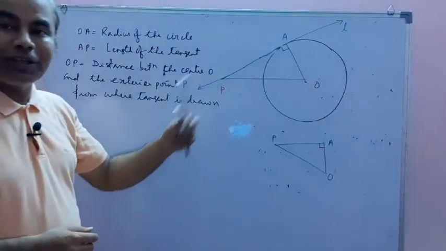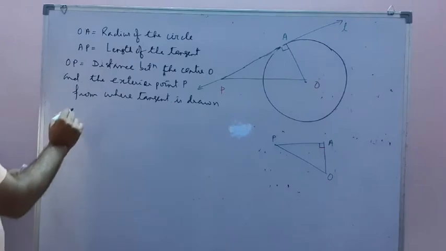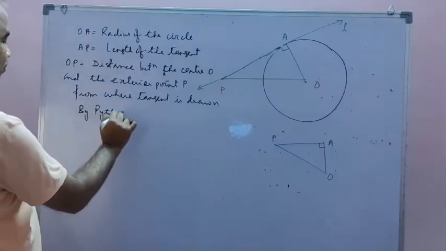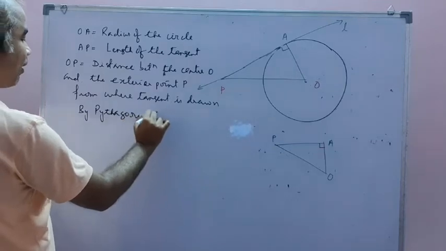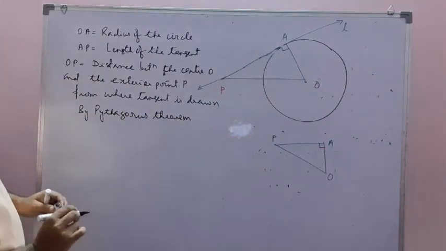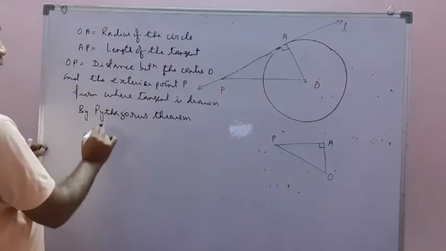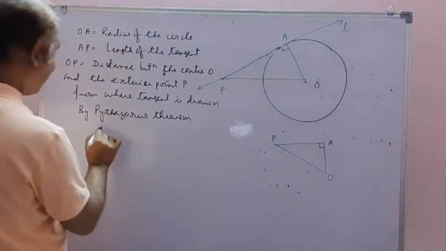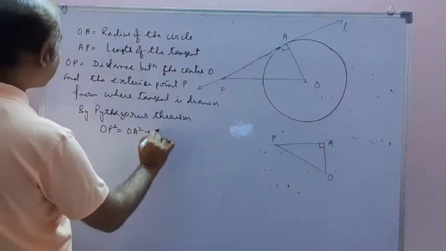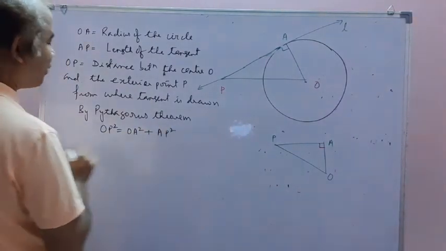And by Pythagoras theorem, they are related. By Pythagoras theorem, the hypotenuse is OP. OP square is equal to OA square plus AP or PA square.